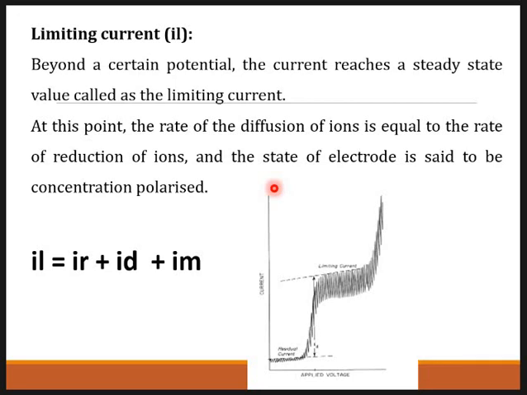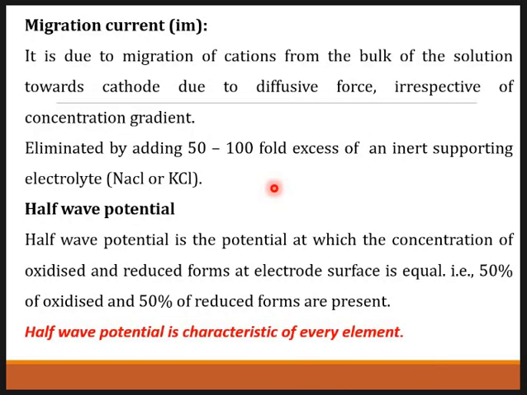Now we will see what IM is. That is migration current. It is the migration of cations from the bulk of the solution towards the cathode due to electrical forces, irrespective of the concentration gradient, whatever is applied to the solution. This force is proportional to the electrode potential gradient. So how do we eliminate this migration current?